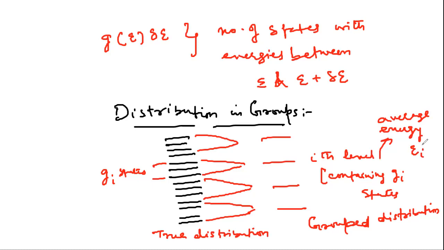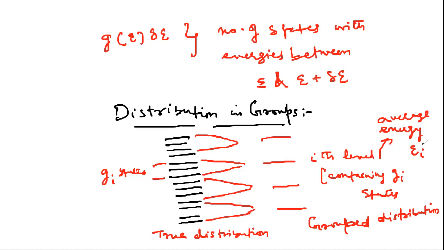That means all the Gi states in the ith level have the same average energy epsilon i, right? In true distribution, their correct individual values are different, but in group distribution, when we take Gi states in the ith level, we take their average energy as epsilon i.